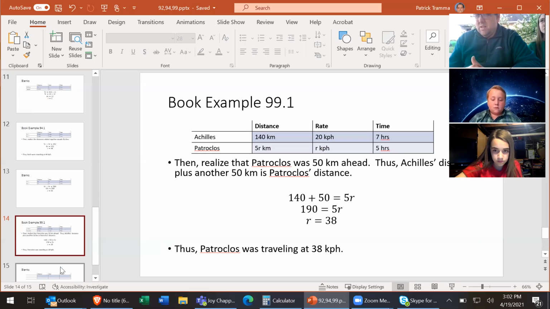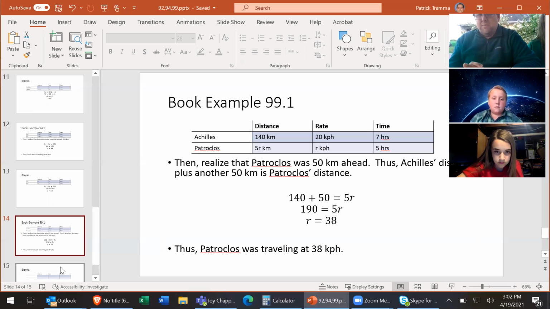Do you guys get how we do the table? Thumbs up. Good. Okay. Now it says Patroklos was 50 kilometers ahead. So that means Achilles plus 50 equals Patroklos.